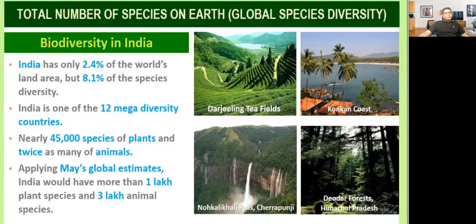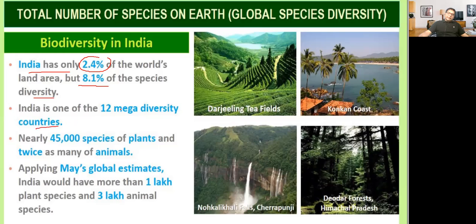Now we'll be discussing biodiversity in India. India has only 2.4% of the world's land area, but 8.1% of the species diversity. So India has great species diversity. India is one of the 12 mega diversity countries.